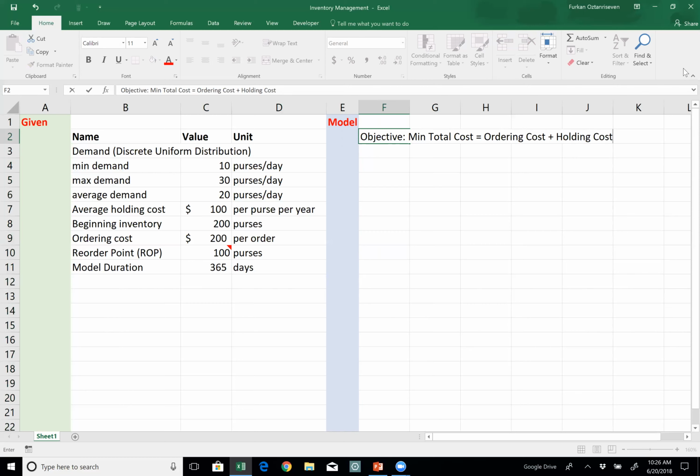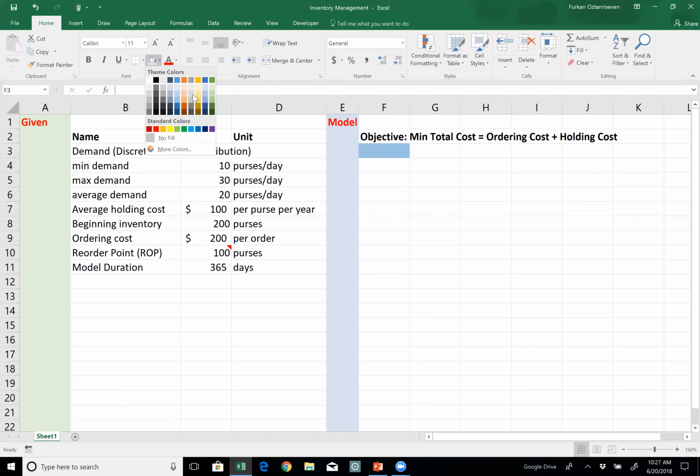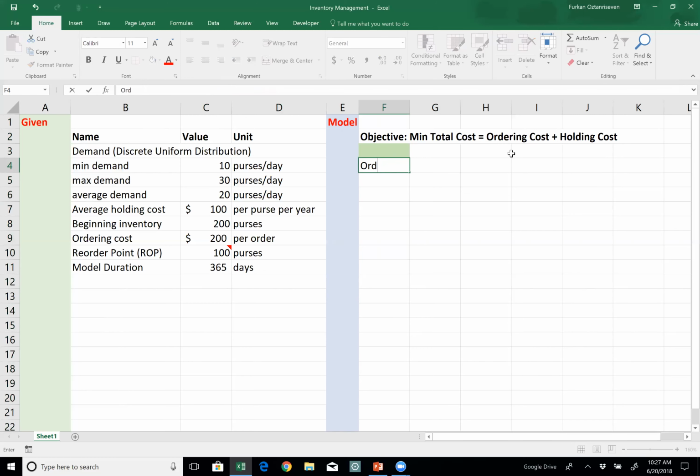All right, that's good. So now, the next thing I would like to know is what is ordering cost and what is holding cost. So I need to calculate those as well. Let me just color a green cell here. I know this is going to be my objective. And let's focus on ordering cost. How would I calculate the ordering cost?